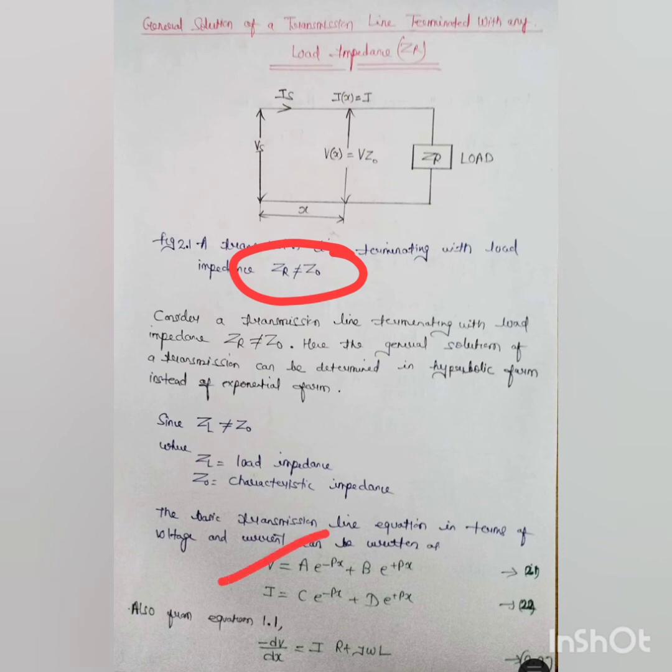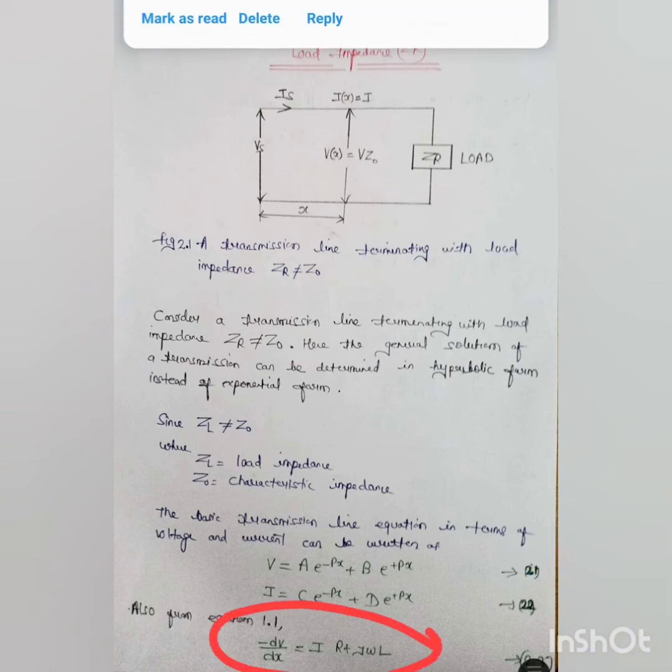Here we have the equation V equals A e raised to the power minus px plus B e raised to the power plus px, and likewise I equals C e raised to the power minus px plus D e raised to the power plus px. And we also have the voltage drop equation from the basic transmission line equation, which is minus dV by dx equals I times (R plus j omega L).